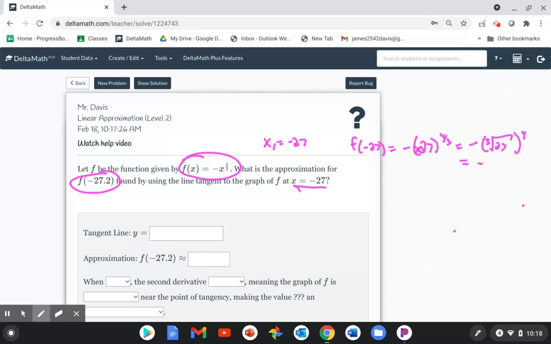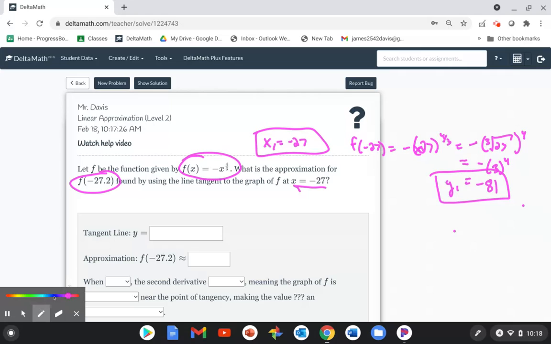The cube root of 27 is 3. 3 to the 4th power would be 3 times 3 is 9, times 3 is 27, times 3 is 81. So this would be negative 81. So very doable. You might not be able to do it that fast, but it is doable without a calculator, which is kind of the point of this: you could theoretically do all this without a calculator.